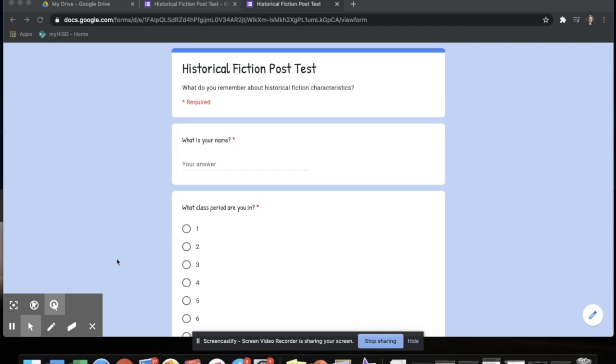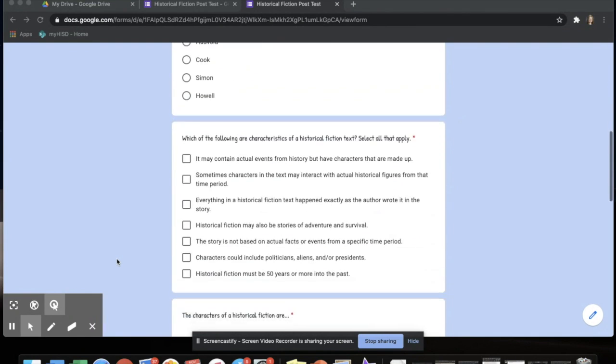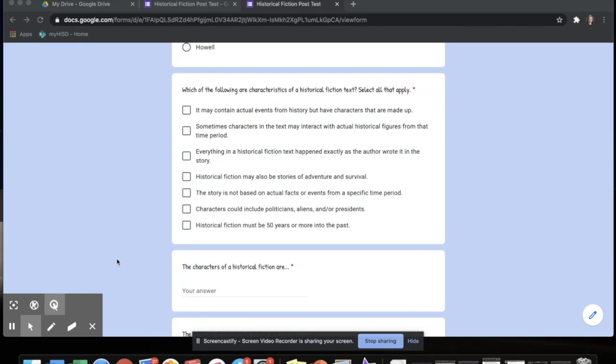So last but not least is our post-test to determine what they absorbed, what they remembered from prior knowledge, and so forth and so on. So we have a which of the following are characteristics of a historical fiction text, and this is a select all that apply.